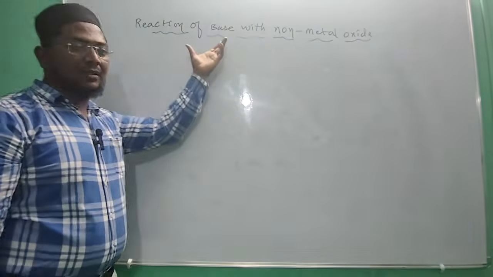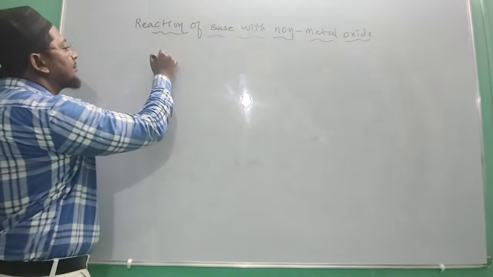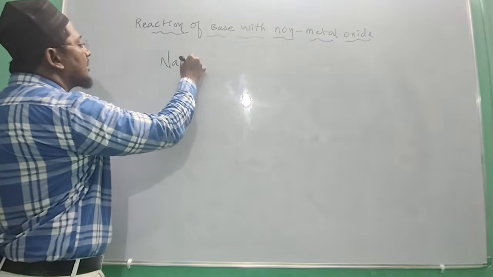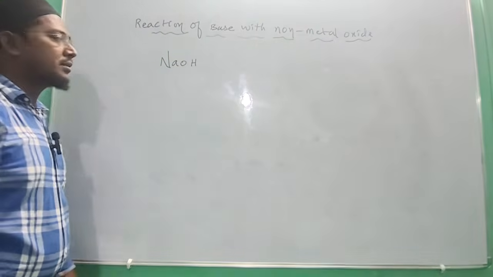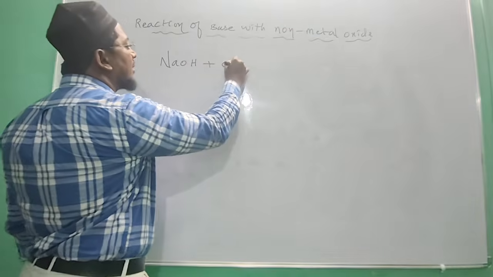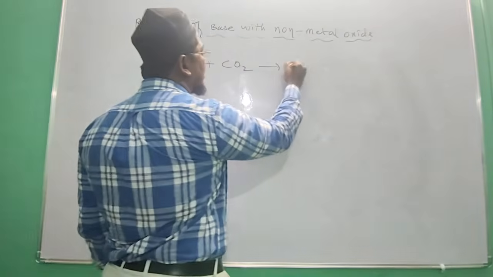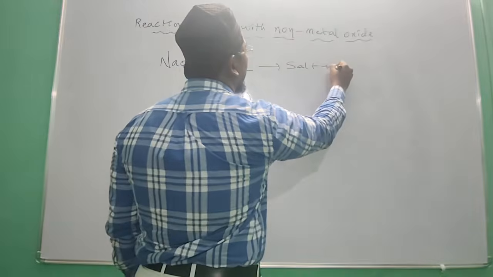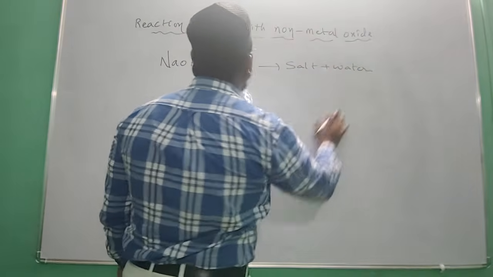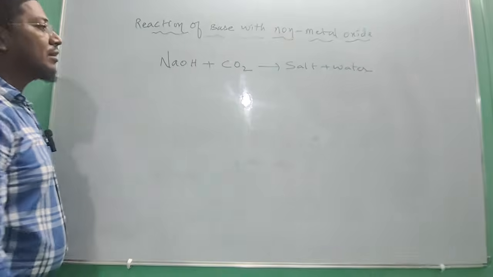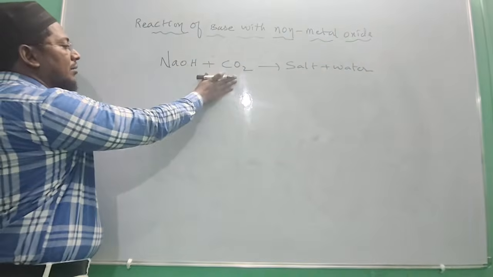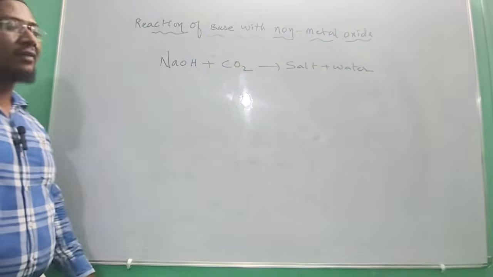So, what is the base example? NaOH is the base, and the non-metal oxide example is carbon dioxide. It also gives salt and water. So sodium hydroxide and carbon dioxide also give salt and water.